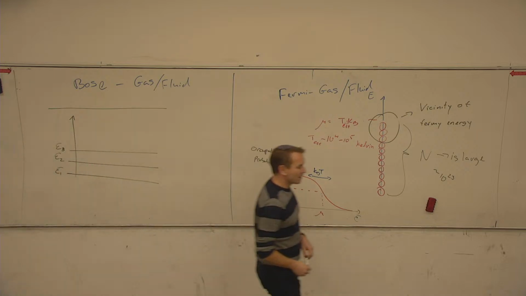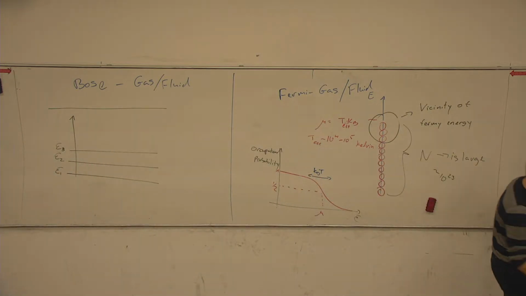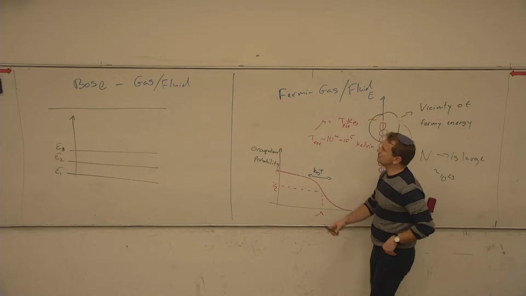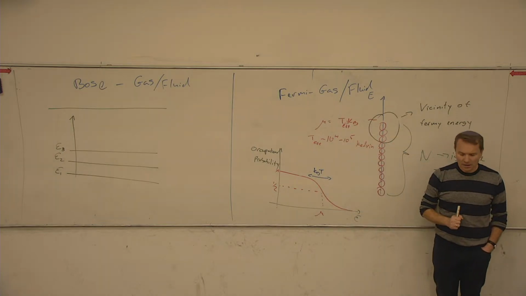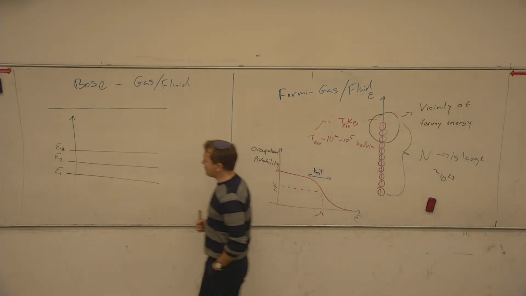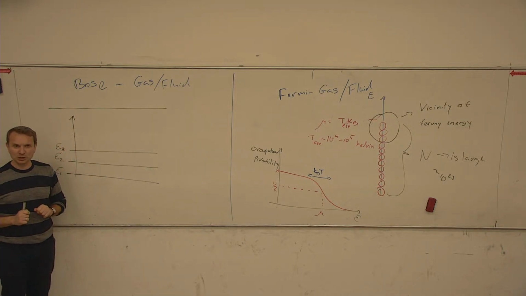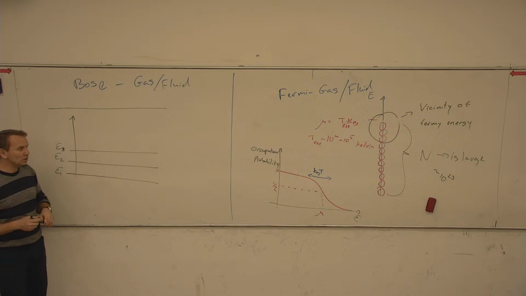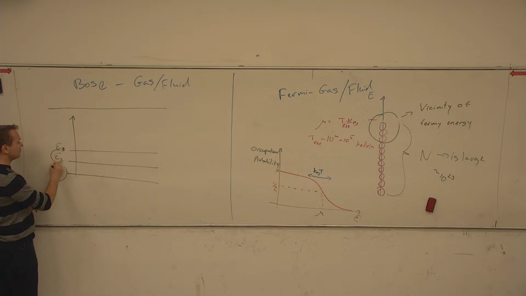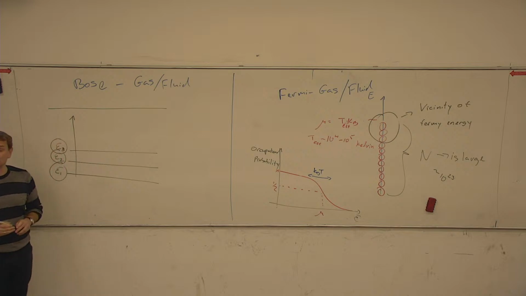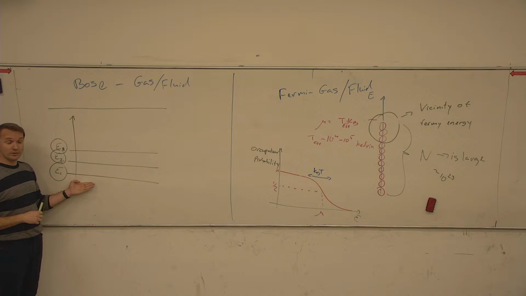Now, we use exactly the same formalism as we used for the Fermi gas. Meaning, I want to describe everything as a non-interacting picture, but not a non-interacting picture of different particles. I want to describe it as a non-interacting picture of different levels, right? Because I need to produce the partition function.